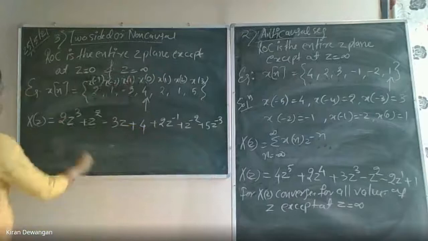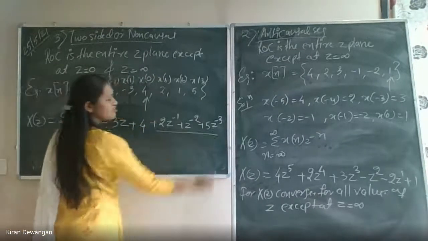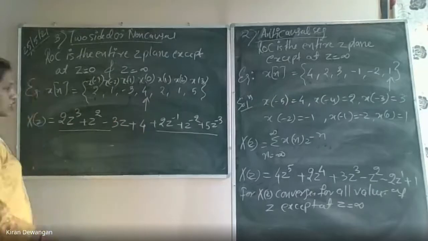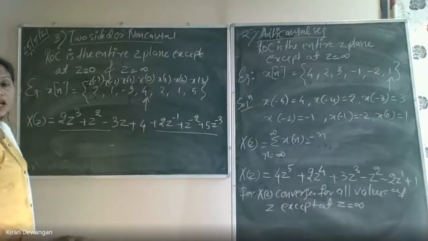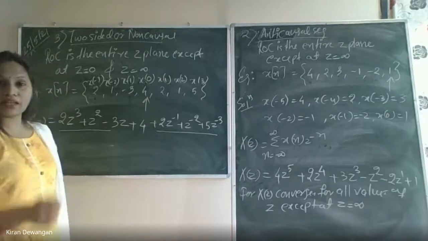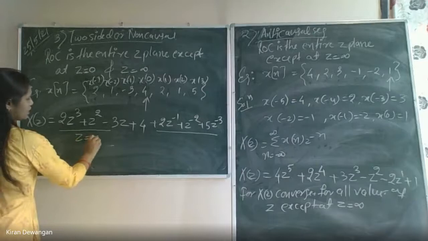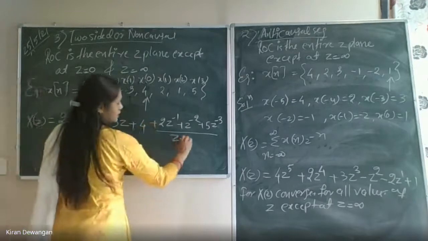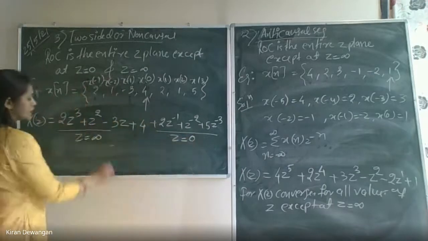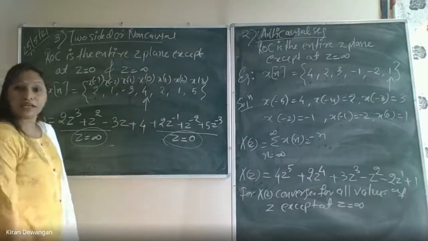Now since it has both the positive powers of z as well as negative powers of z, दोनों हैं, so that is the only reason it is saying that it exists for all the values of z, that is the entire z plane, except that for this z equals to infinity and from here z equals to 0. So except at z equals to 0 and z equals to infinity is the condition.